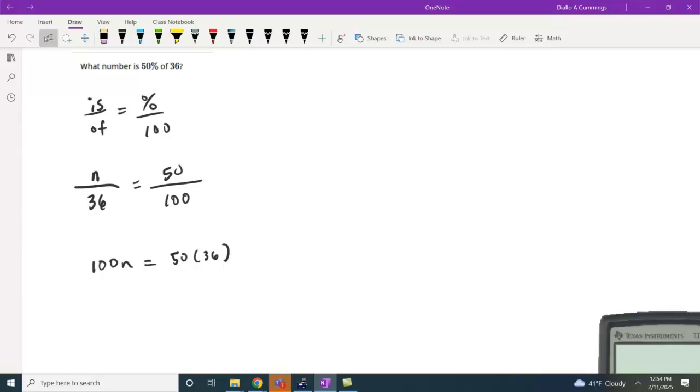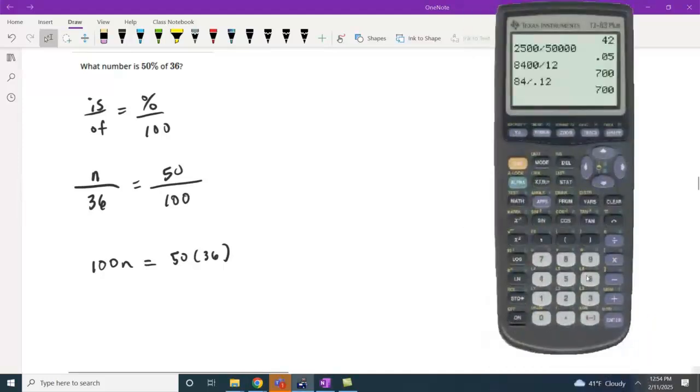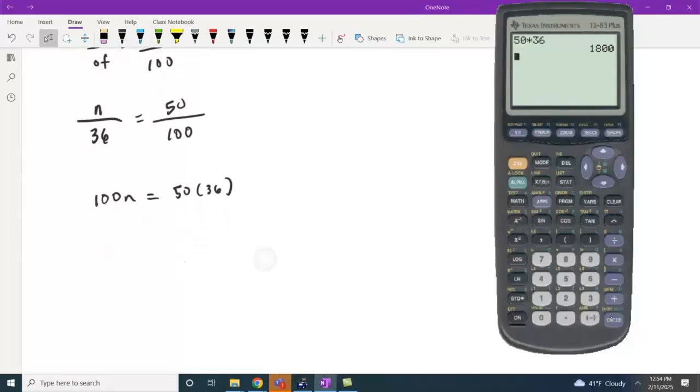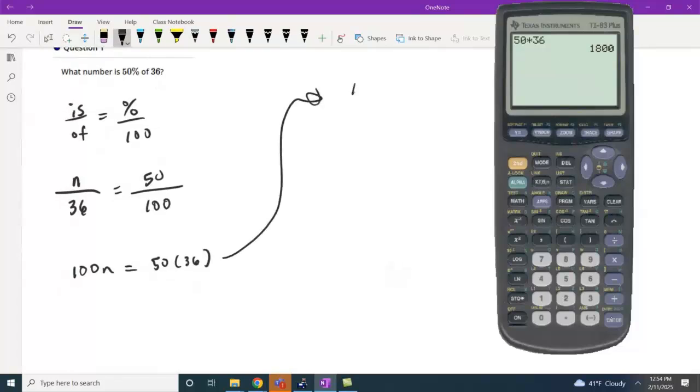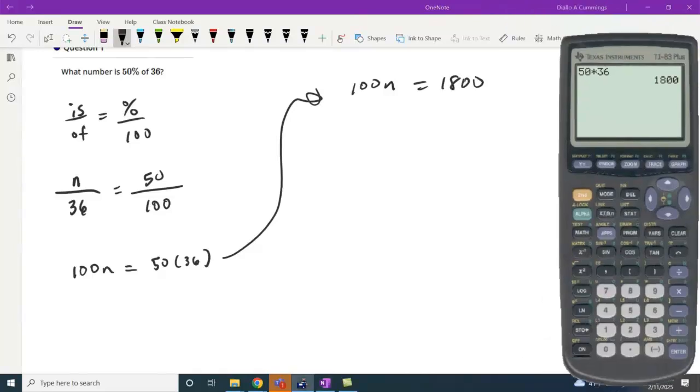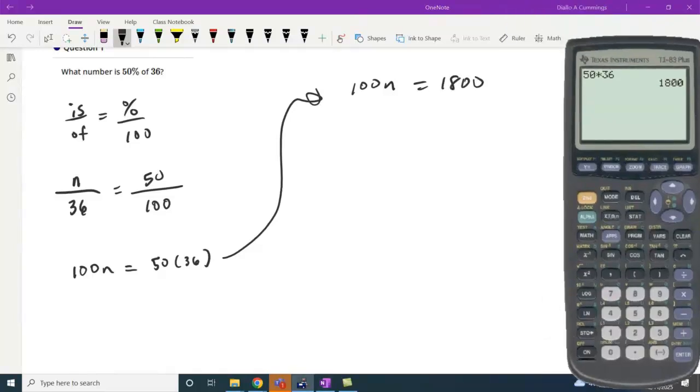So 50 times 36 should be, I believe, 1,800. So 100N is equal to 1,800. Here we want to solve for N, so this is going back to algebra just slightly.